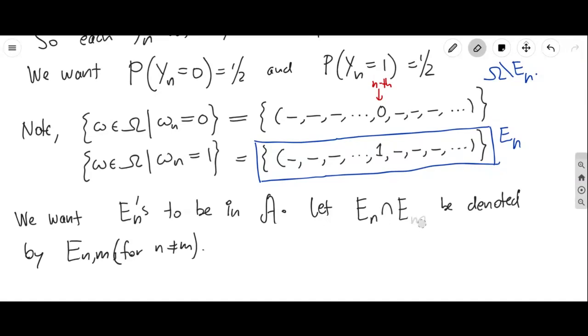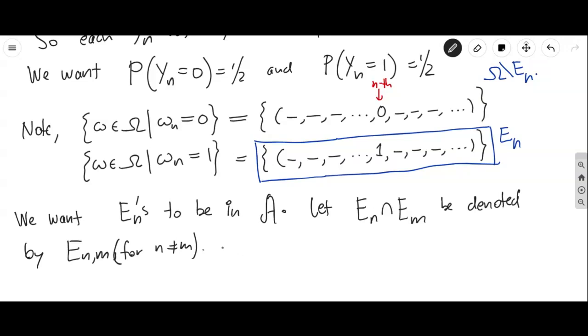So what is this supposed to represent? This is supposed to represent the event that you got heads on both. To use an example, if you have E2 intersect E4, this is supposed to represent the event of infinite coin tosses where on the second outcome you got heads, and on the fourth outcome you got heads. And on the remaining positions, it does not matter. That's what the event is supposed to represent.